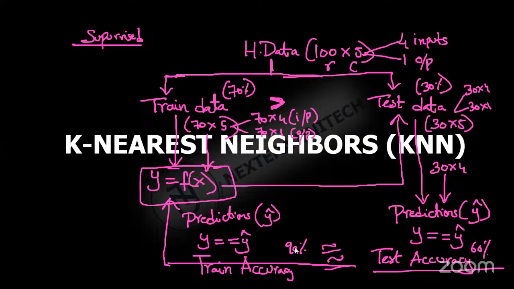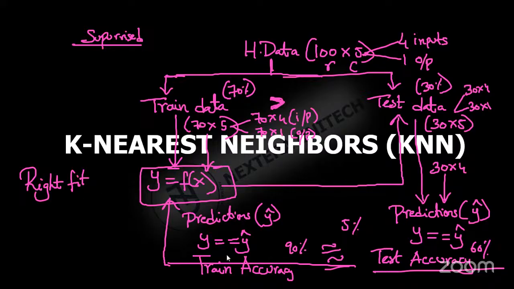Because we can clearly understand the model is not performing on new data. So the difference between train and test should be maximum 5%. 5% is the industry standard. Such a model is called a right fit model. What is a right fit model?